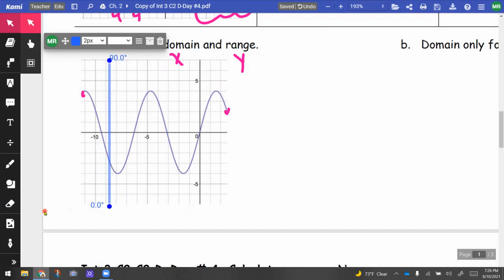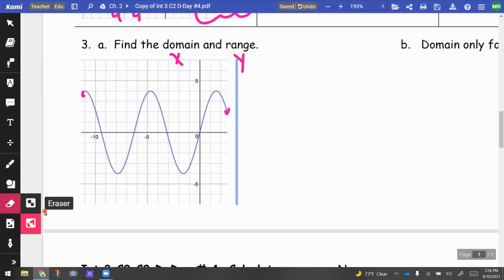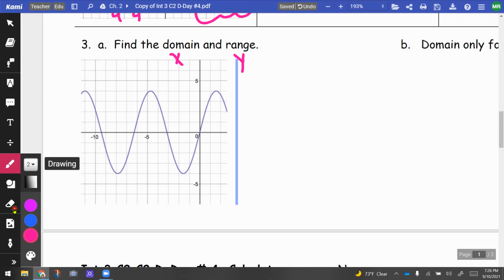So this is going to go to negative infinity and positive infinity. Again, they did not have the arrows here, but it did not just stop. The graph just kind of got cut off a little bit. So my domain is going to be negative infinity to infinity.